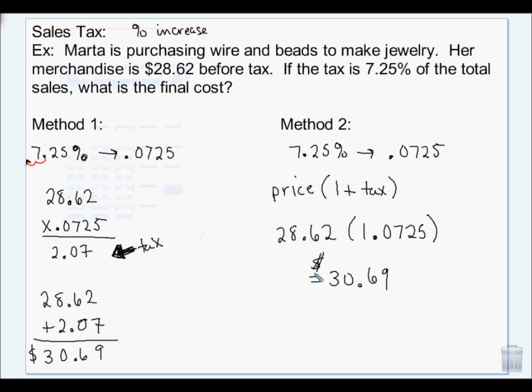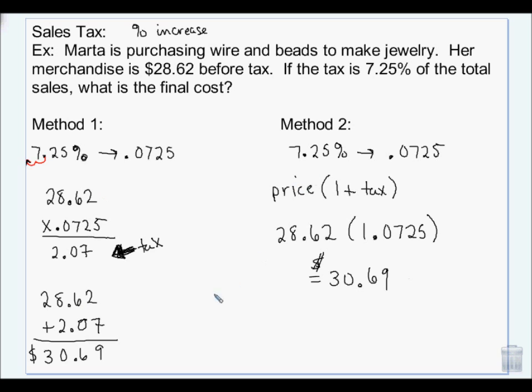Does that make sense? 1 is like a whole, and your percent is your part. So when you multiply the price times 1 point your tax, you get the total in one step instead of two.